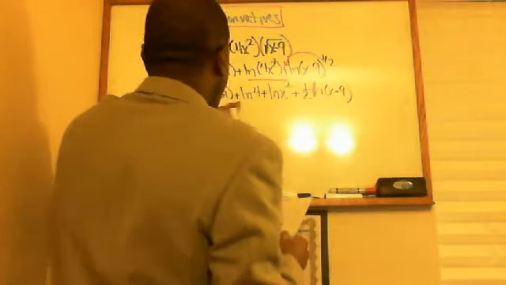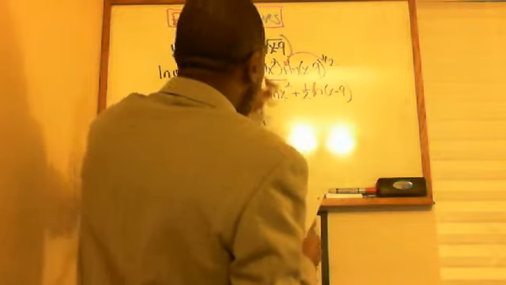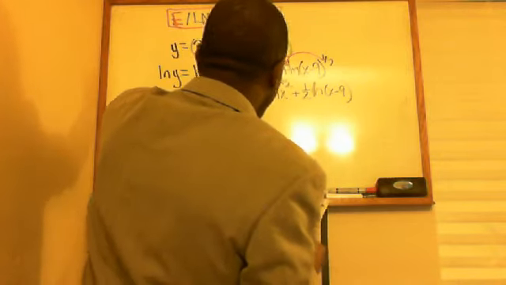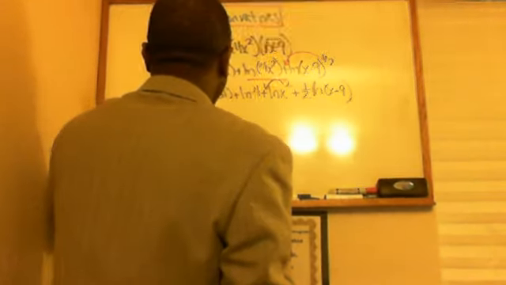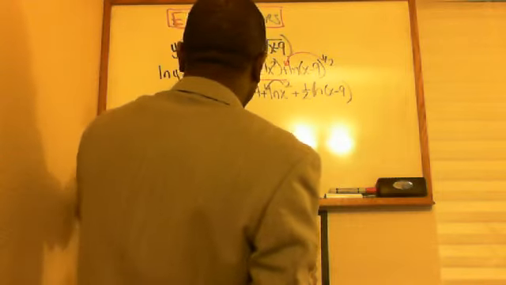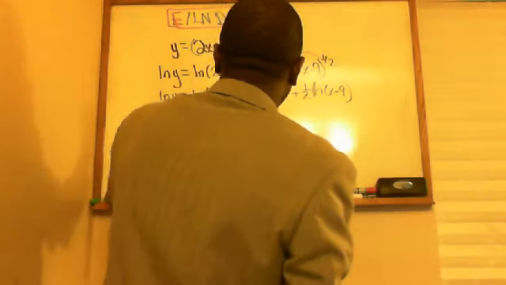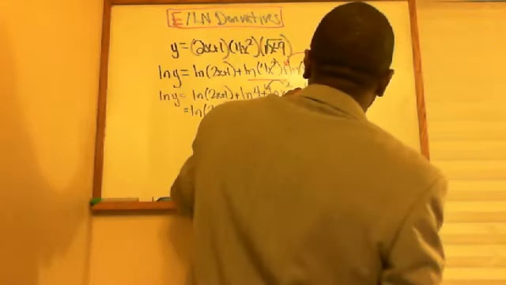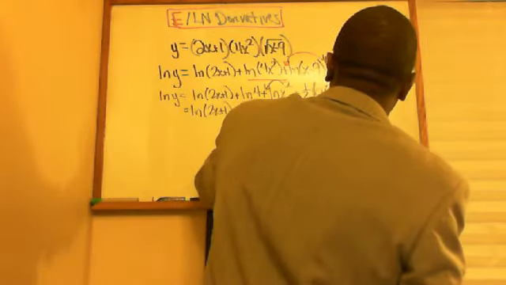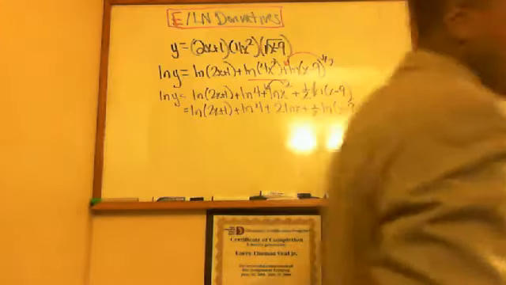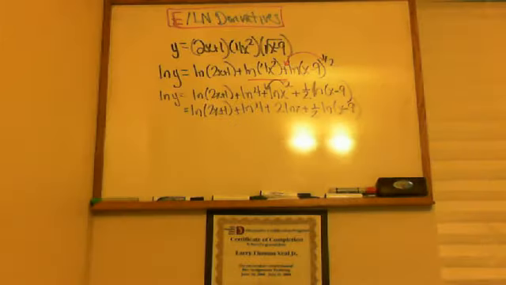Now this part breaks into, that one comes in front of the natural log. So this is going to turn into, again, natural log of 2x plus 1 plus natural log of 4 plus 2 natural log of x plus 1/2 natural log of x minus 9. That's the next step. At this point, I then have to actually take the derivative of my problem.